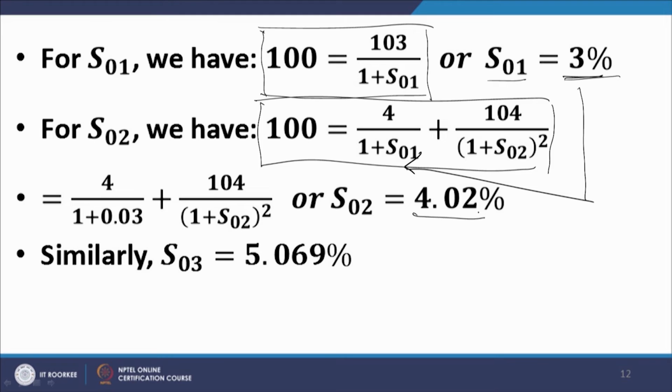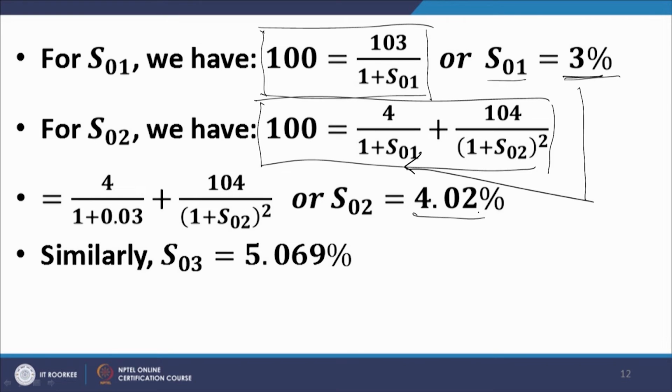What we find is that S03 is equal to 5.069%. The equation would be 100 is equal to 5 divided by 1 plus S01, plus 5 divided by 1 plus S02 whole square, plus 105 divided by 1 plus S03 whole cube. When we substitute S01 equal to 3% and S02 equal to 4.02%, we get an expression for S03 which we can easily solve, and we get S03 is equal to 5.069%.